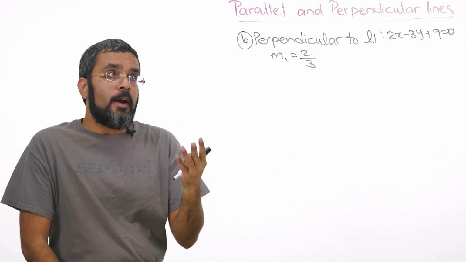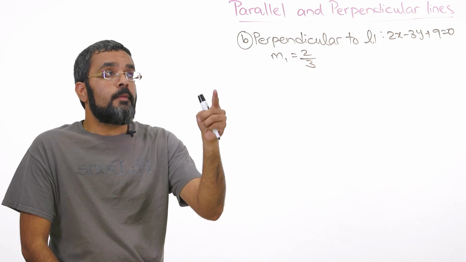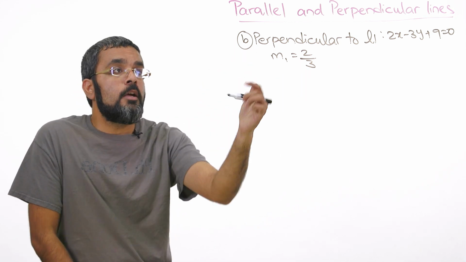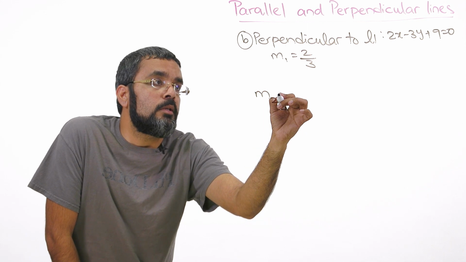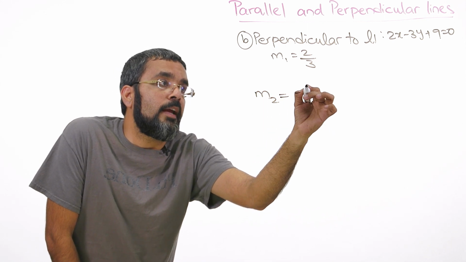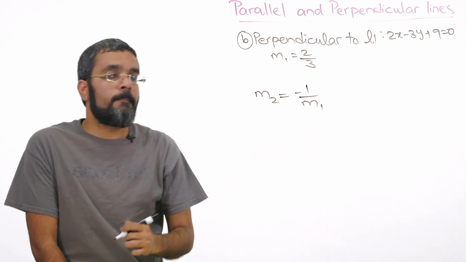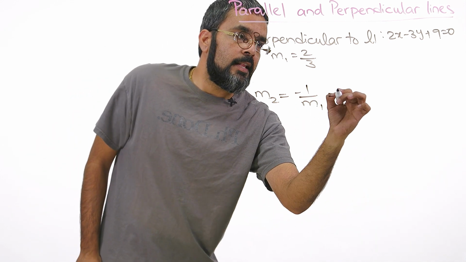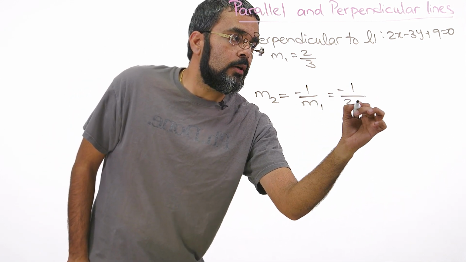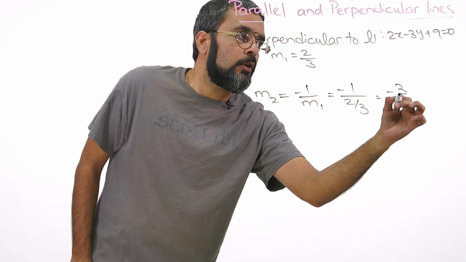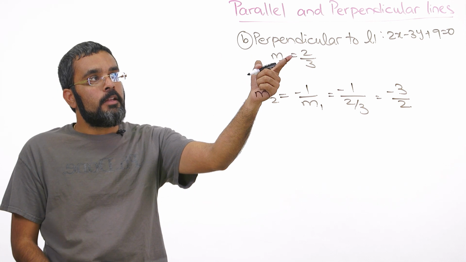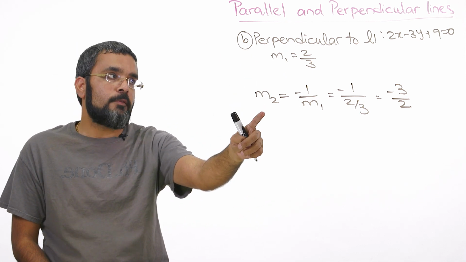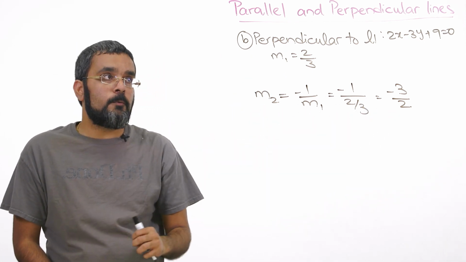So now we want to find part B, which is a line that is perpendicular to L1. For perpendicular lines, we know that m2 is equal to -1 over m1. Which means this is -1 over 2/3, or that is -3 over 2. So if you want a line that is perpendicular to L1, that line has to have the slope of -3 over 2.